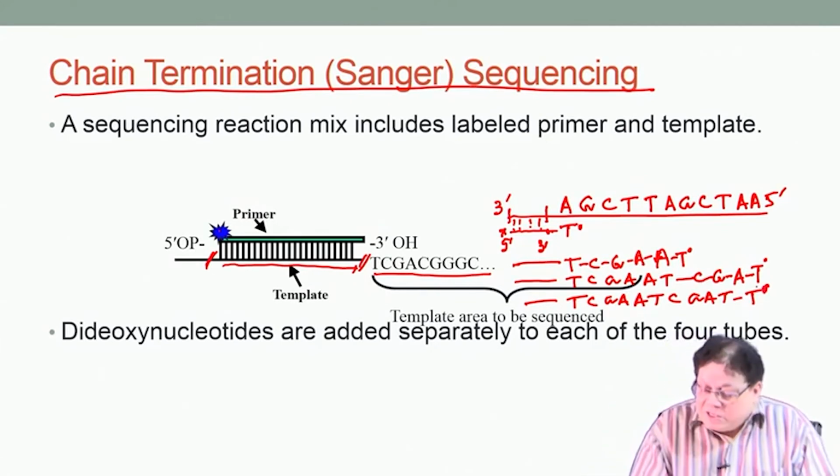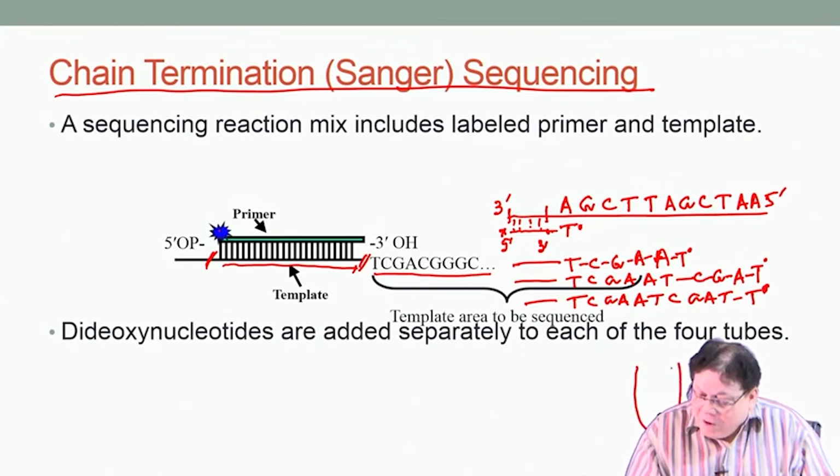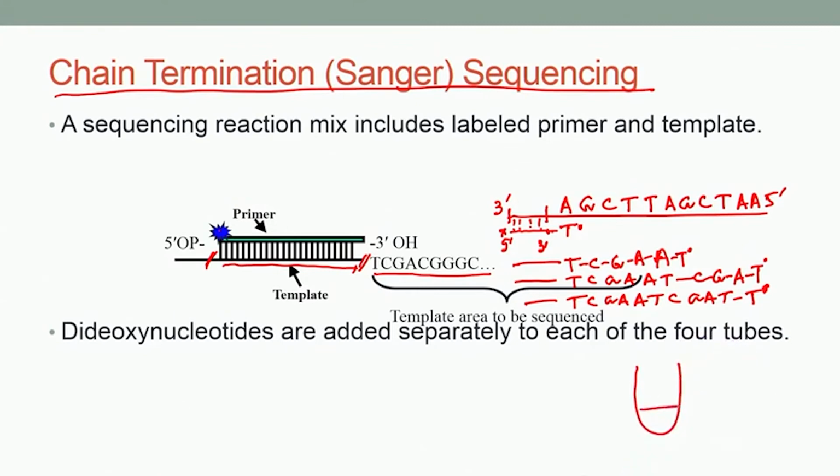So, in a test tube, suppose what I do, I take the DNA single piece, then I add the DNA polymerase, I add magnesium, I add all the NTPs, deoxy NTPs, the normal ones, then I add in this test tube only ddTTP, that means the dideoxy TTP.